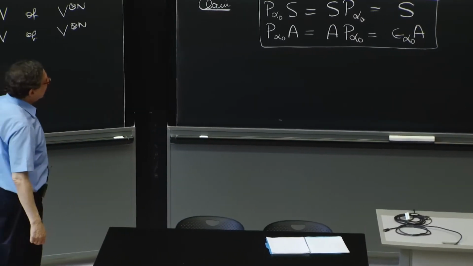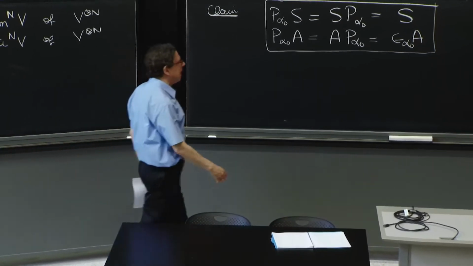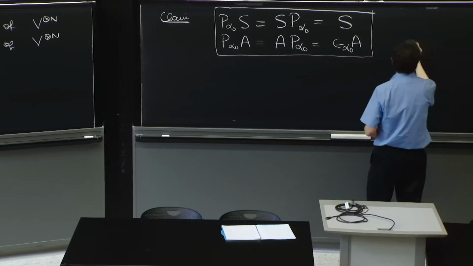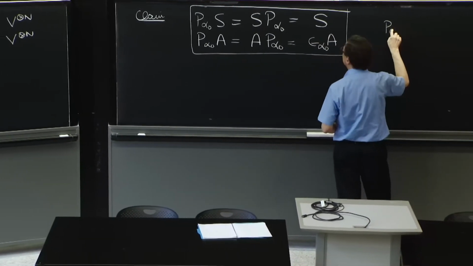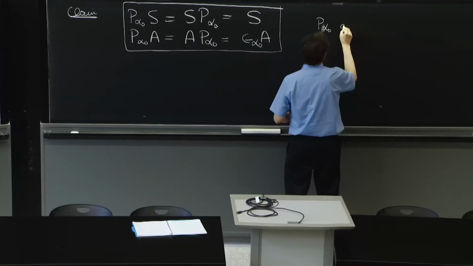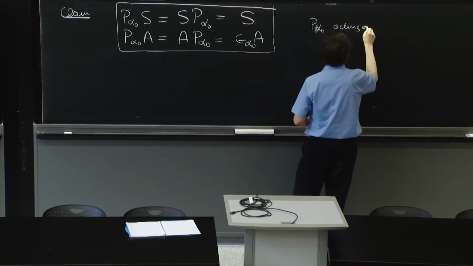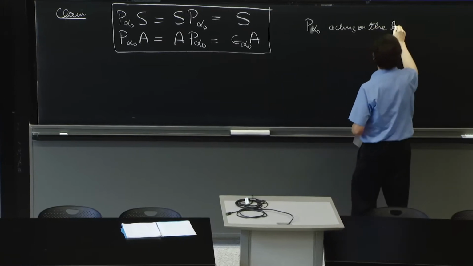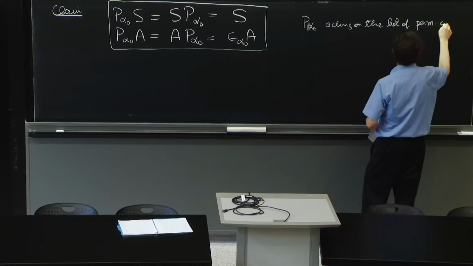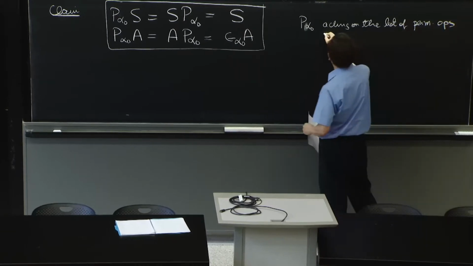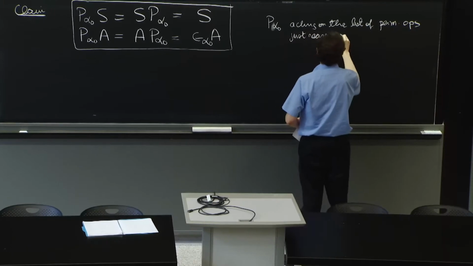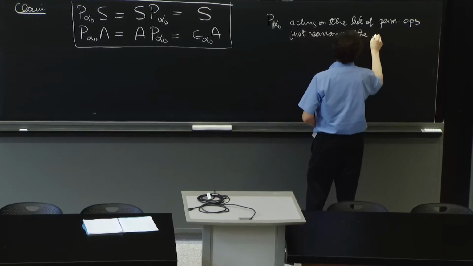So here is again the same kind of argument. We'll say it first. P alpha 0 acting on the list of permutation operators just rearranges the list.